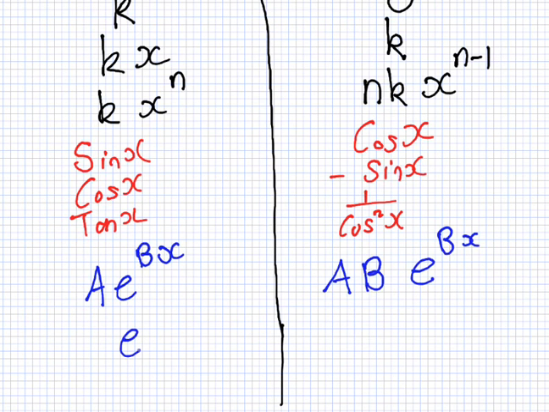By the way, special case, if a and b are both 1, what's the derivative here? What is it? Yeah. This is another reason why the e function is important, because it is the only function that has itself as its own derivative. No other function is the same after you find its derivative.